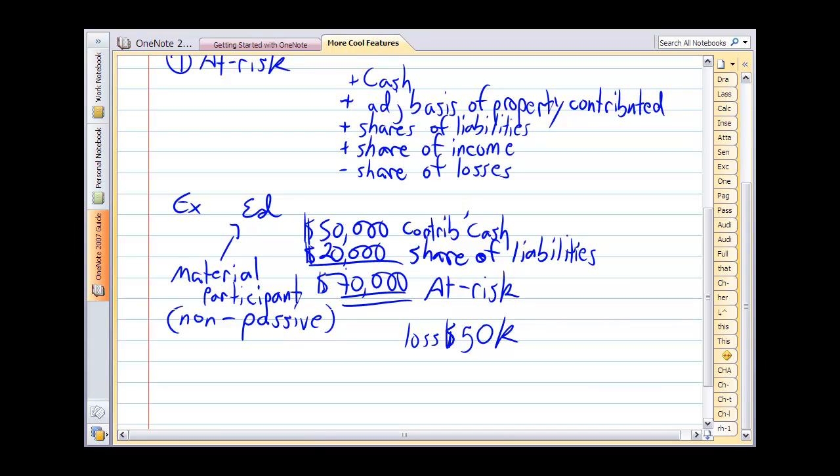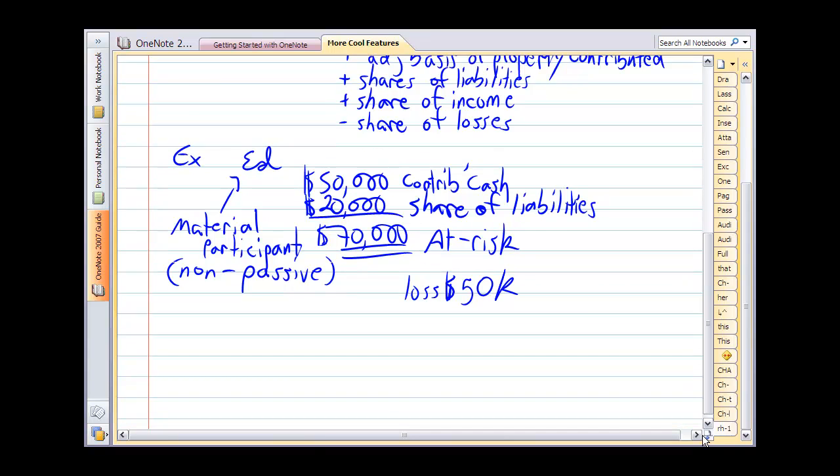He has $70,000 at risk. So we'll take a deduction up to his at risk amount. Well, the loss is only $50,000. So we'll deduct that, and then his amount at risk after taking the loss will be $20,000.